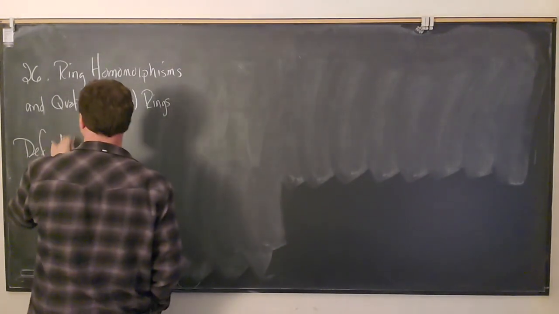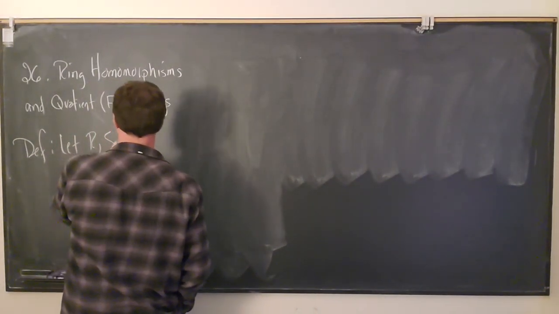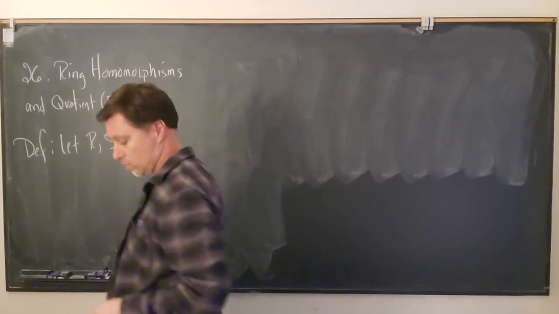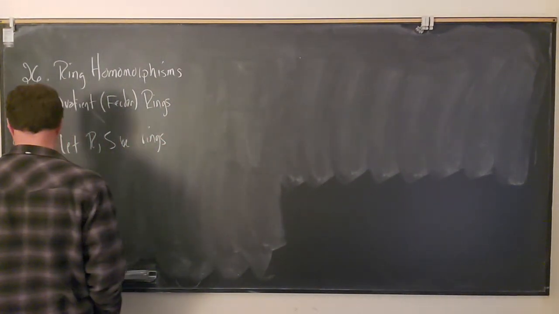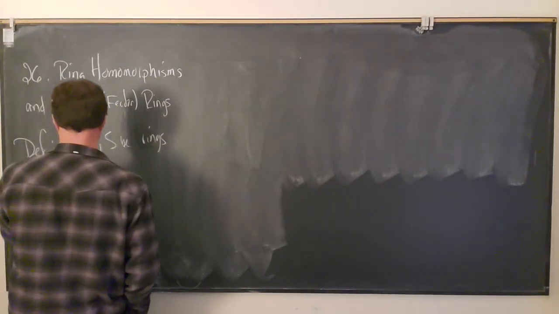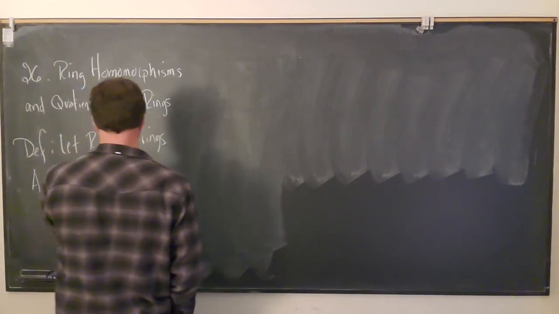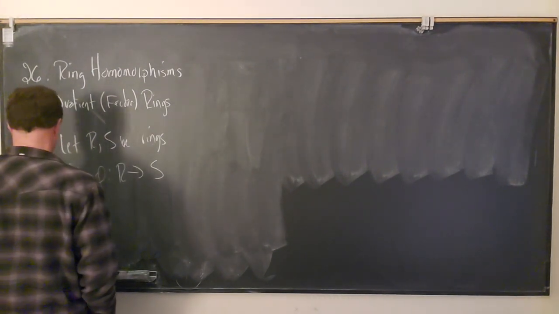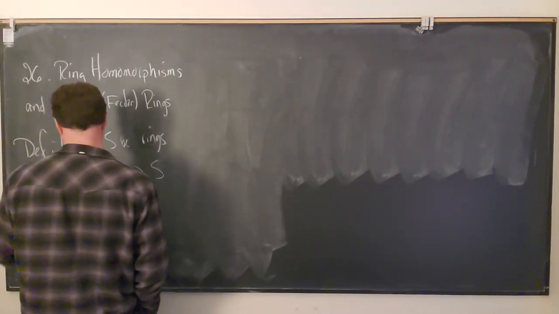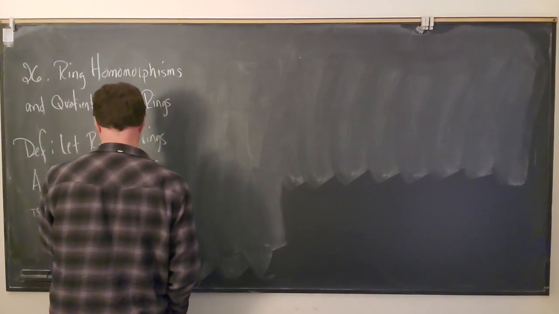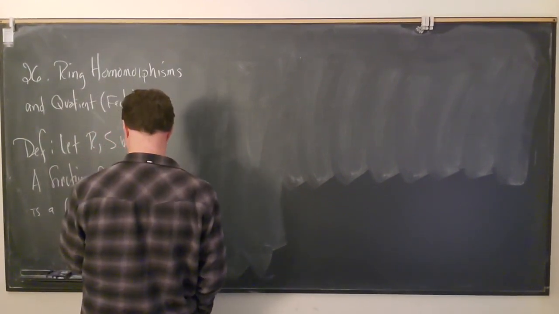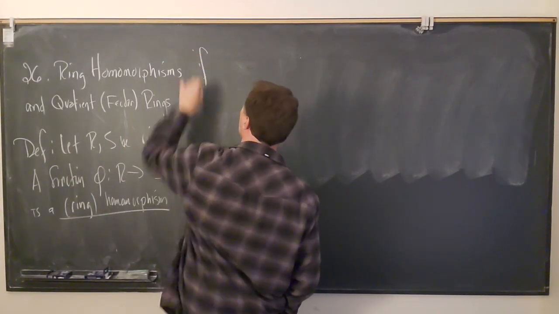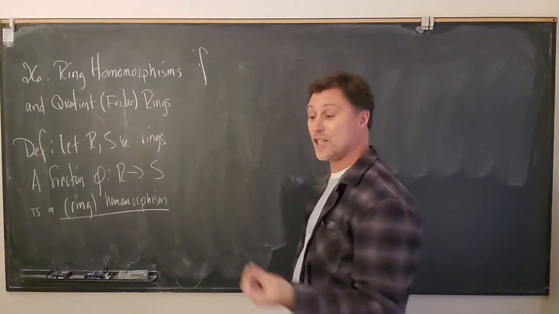So let R and S be rings. A function phi from R to S is a ring homomorphism if the function respects both addition and multiplication.